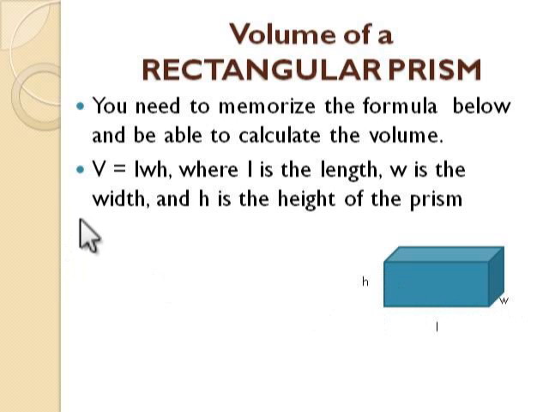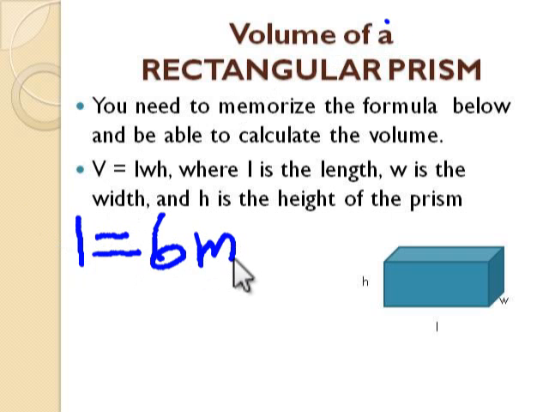So let's say that I give you some numbers for these. Let's say that the length is 6 centimeters or 6 meters. Let's just go with meters. And the width is 4 meters.